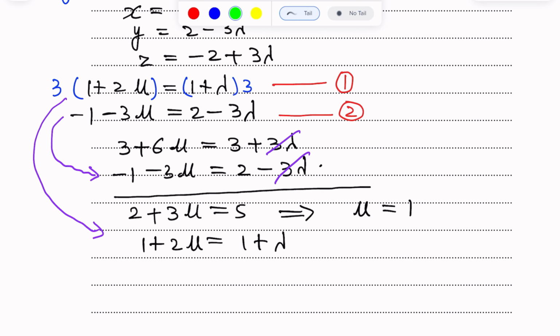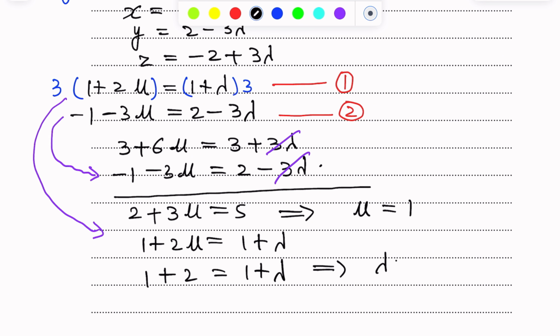Putting the value of mu, that is 1, we get 1 plus 2 is equal to 1 plus lambda. From here the value of lambda is equal to 2. We have found the values of mu and lambda.